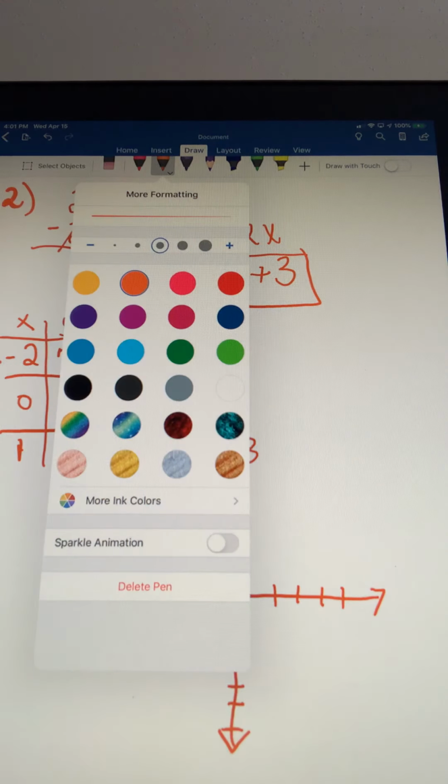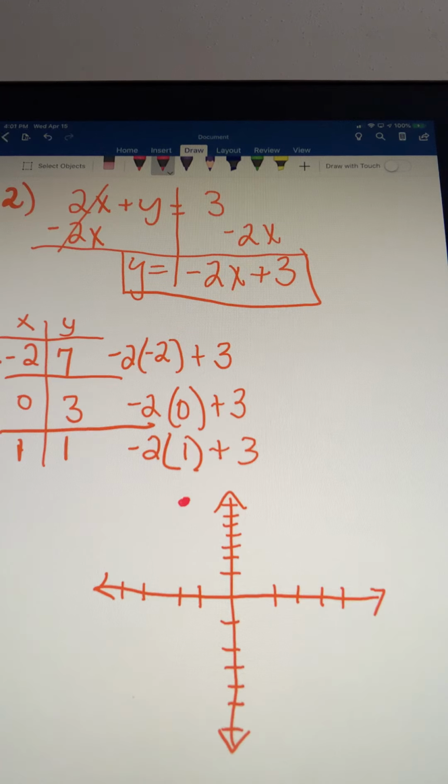Let's change colors. Okay, so here's negative 2, positive 7. Then I have 0, positive 3. 0 is the origin, up 1, 2, 3, dot. Then I have 1, 1. X is 1, y is 1.